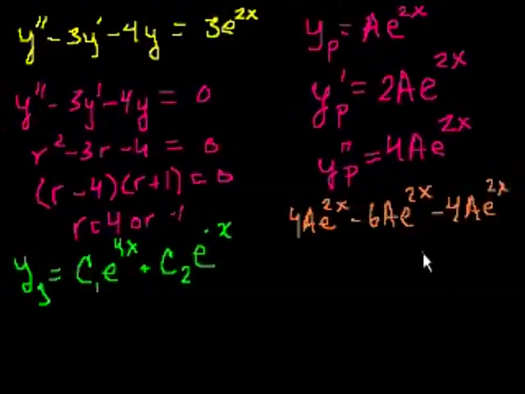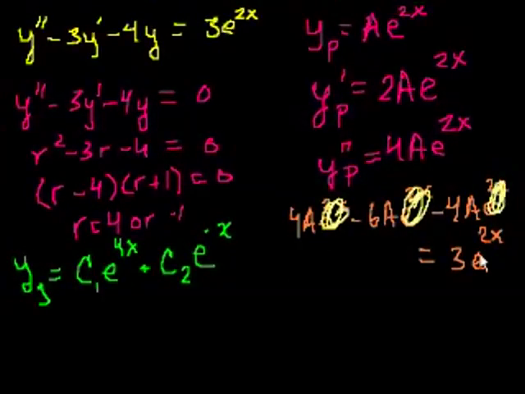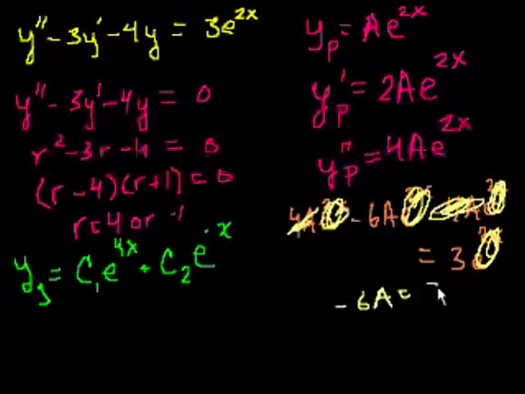And all of that is going to be equal to 3e to the 2x. Well, we know e to the 2x doesn't equal 0, so we can divide both sides by that. Just factor it out, really. Get rid of all the e to the 2x. On the left-hand side, we have 4a and minus 4a. Well, those cancel out. And then, lo and behold, we have minus 6a is equal to 3.